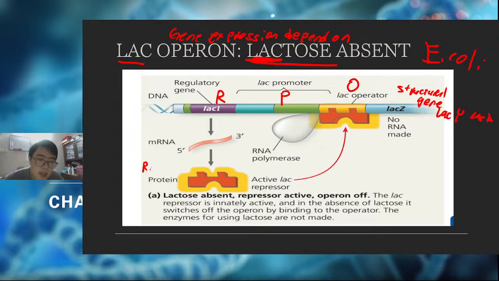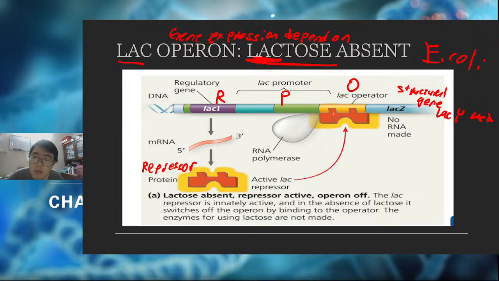I already said the repressor protein will bind to the lac operator. Because the shape of the repressor protein matches the binding site of the operator, it will bind to the lac operator.